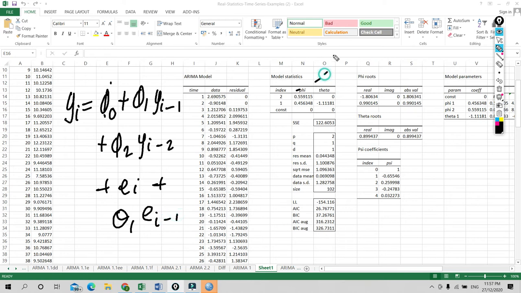By taking these values, we just pick up the values here.